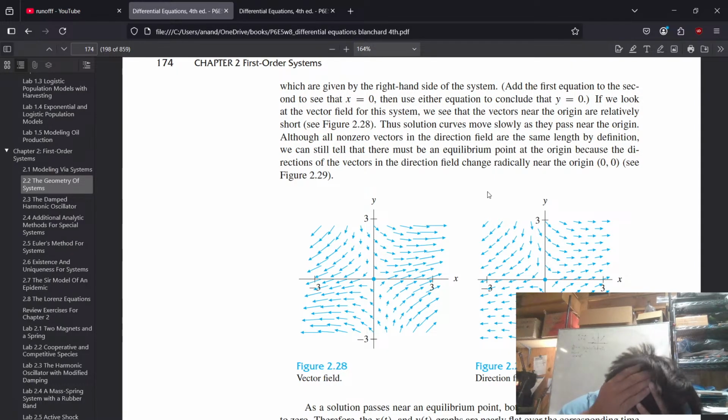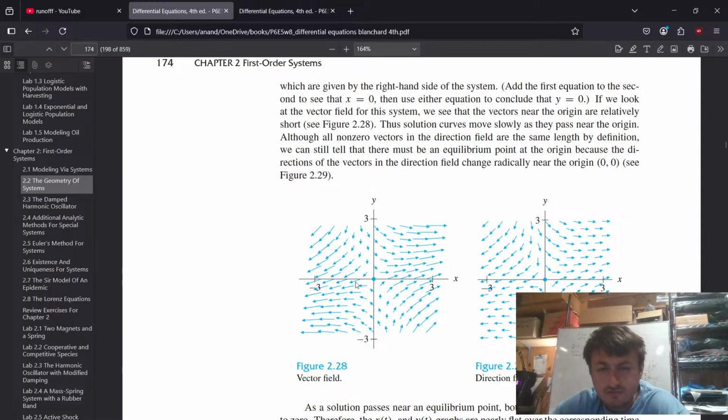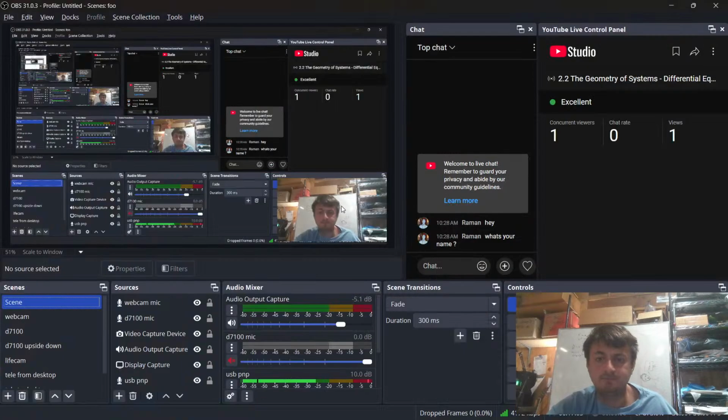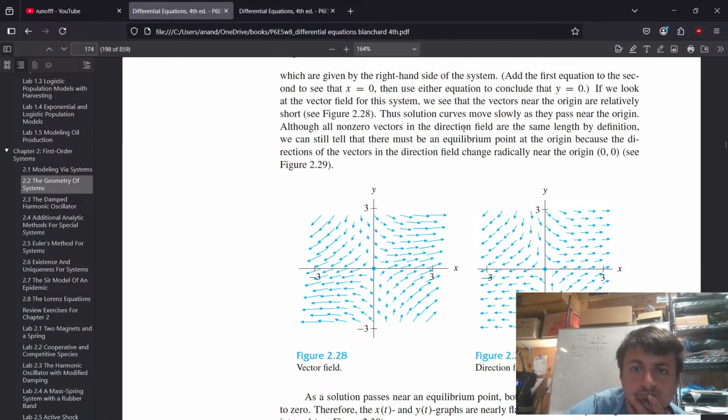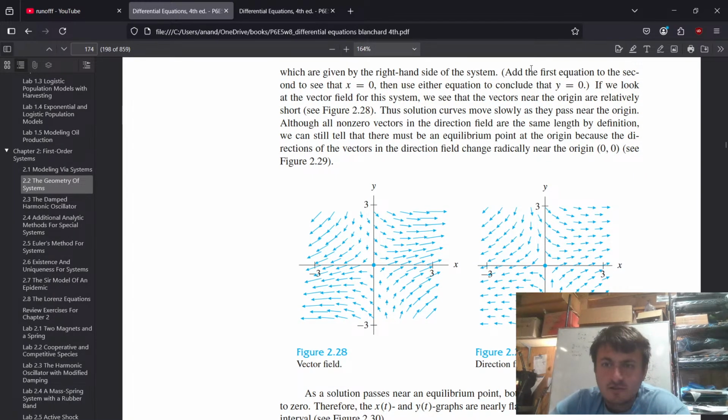Oh, right, yeah. There's this whole thing about finding the eigenvectors to figure out what this line is on which it grows in a straight line. If we look at the vector field for this system, we see that vectors near the origin are relatively short. The solution curves move slowly as they pass near the origin and faster when they move away.